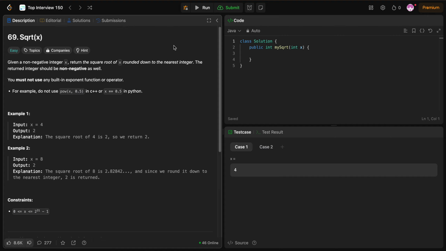So what I'm thinking is we just go through every single number in a loop and try to multiply it by itself to see if it equals our target. If it does equal the target, that number is the square root, obviously. If it's greater than the target, it's the number before this number, because we're rounding it again.